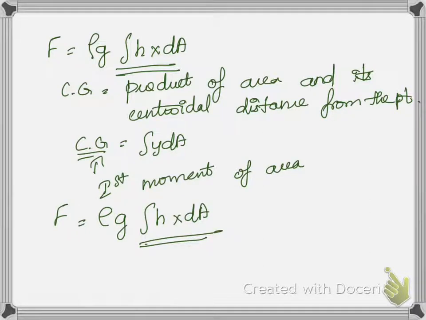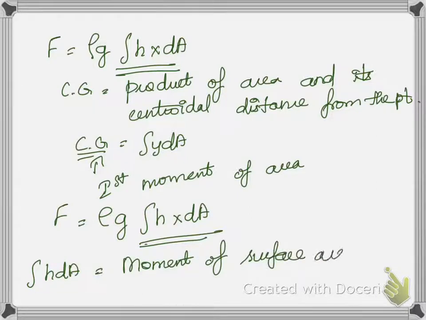Okay, so what is the formula for it actually? What is this H dA? I can write this as the moment of surface area about the free surface of liquid.